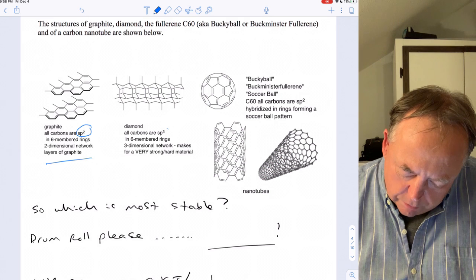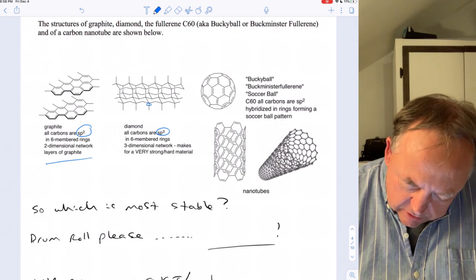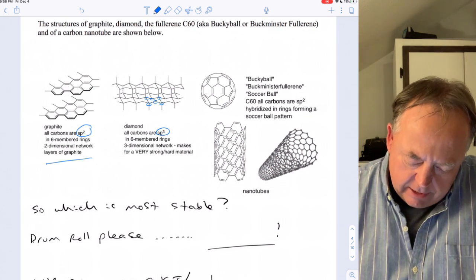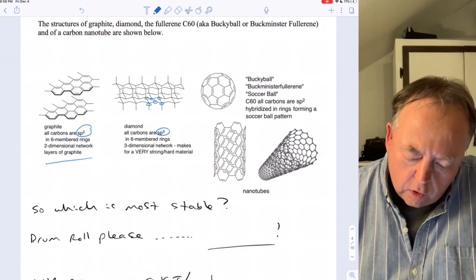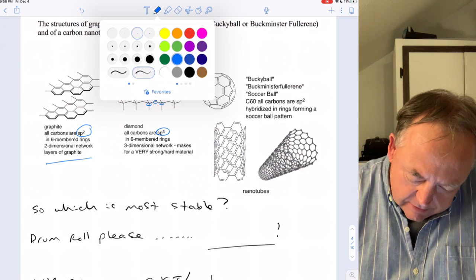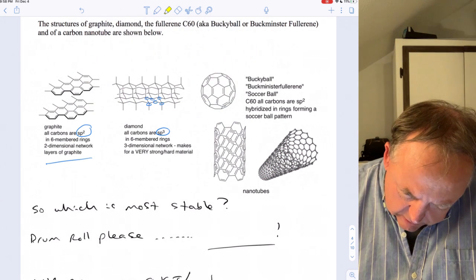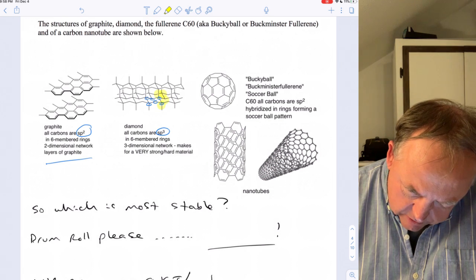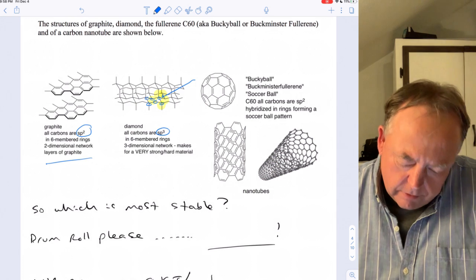So diamond is also pure carbon. This is a 6-membered ring, right? Each of those points is a carbon atom there. And then each of those carbons is attached to 1, 2, 3, 4 other carbons. So if we just try to illustrate, all of these carbons would be attached to that carbon there.